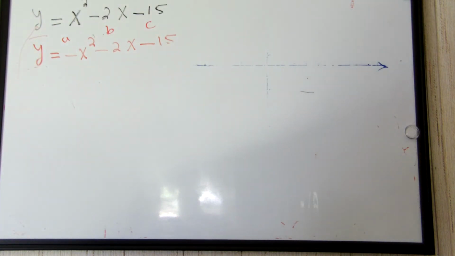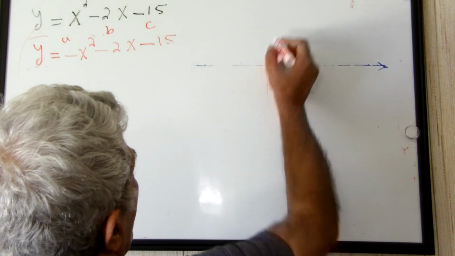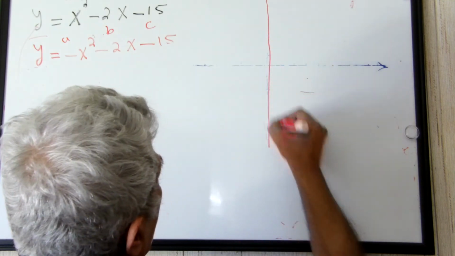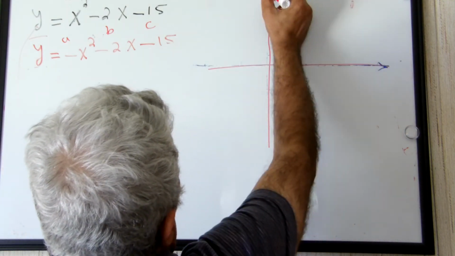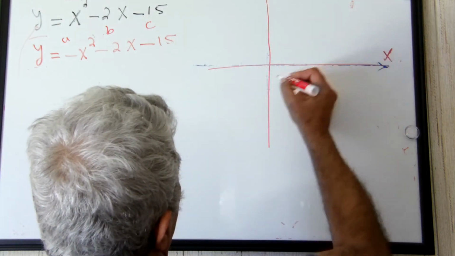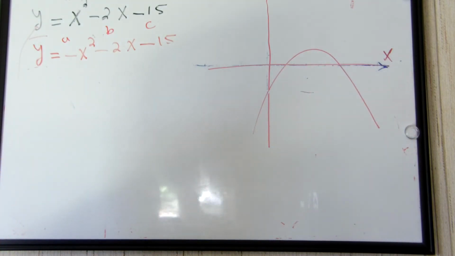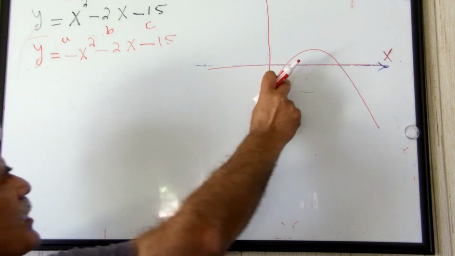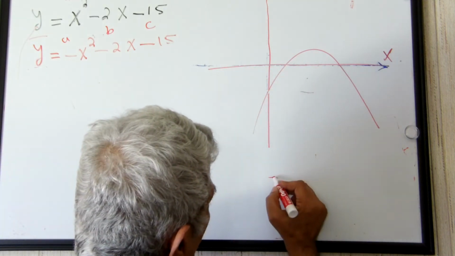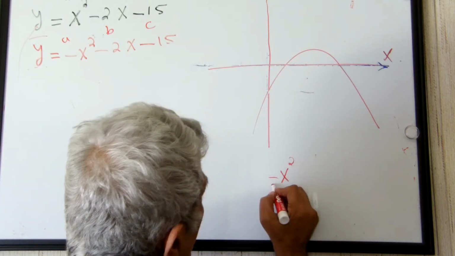I will show it to you later how we find it. If we have a y-axis, x-axis, and then we have something like this. When we see something like this, the coefficient of x2 is minus.